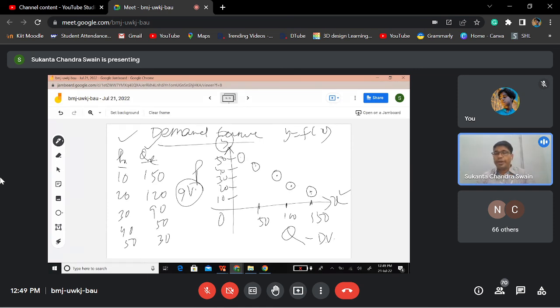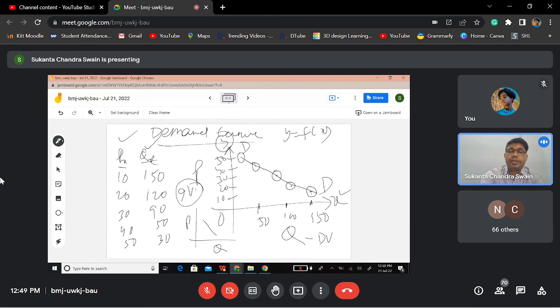So you got the points, the coordinates. As you join them, whatever you get is the demand curve. If you look at this, it is sloping downward from left to right, which indicates that P and Q are inversely related. So finally, we got the demand curve, a downward sloping curve like this.